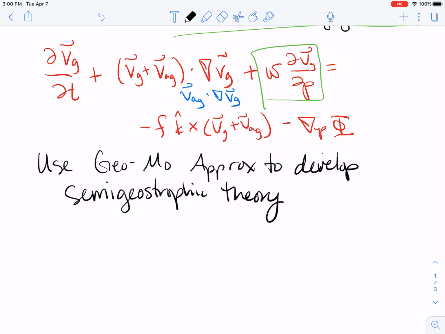And what semi-geostrophic theory is in shorthand here, we're not going to go into this in detail, but we can use these geostrophic momentum approximations, put them into something called the geostrophic space, so that then we simplify the equations again with these extra complications to then do and calculate things related to frontogenesis.